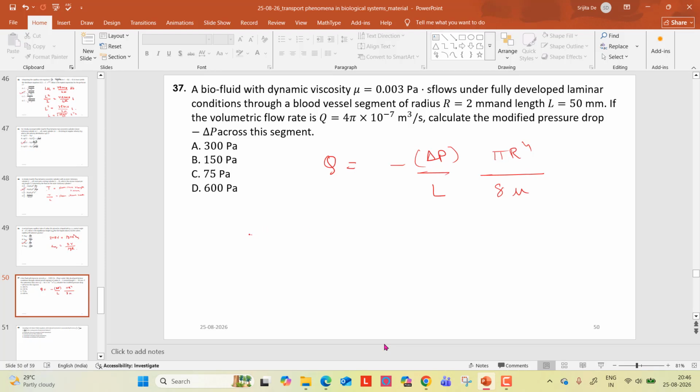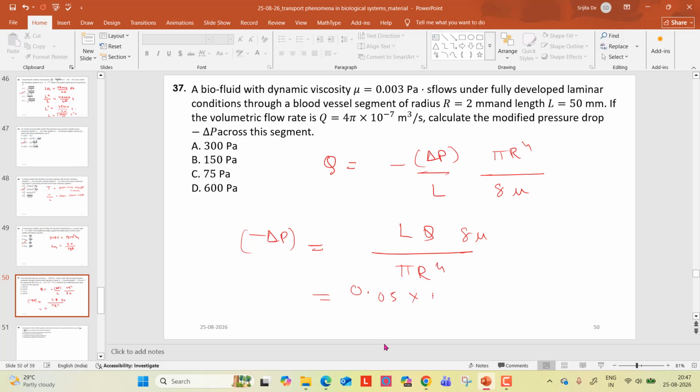So minus delta P will be L Q 8 mu by pi r to the power 4. L is 0.05.